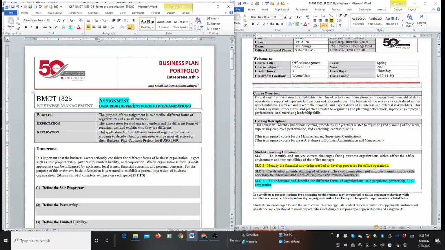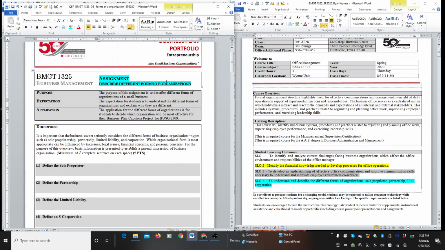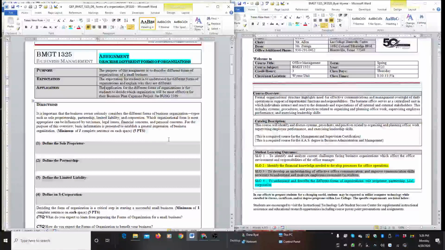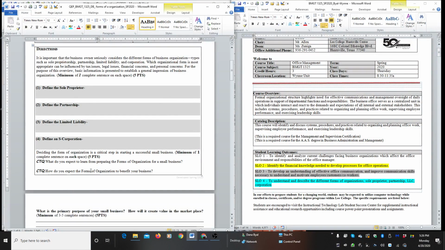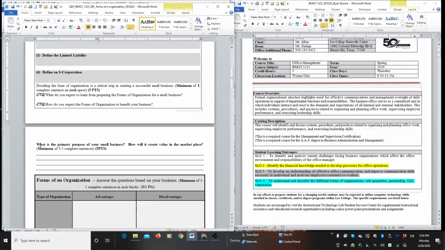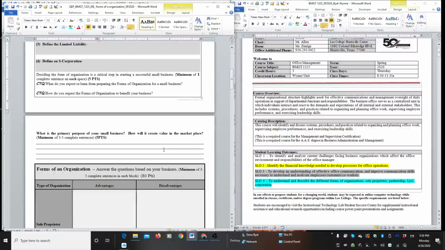Okay, so here is my signature assignment for describe different forms of the organization. So there's several parts to this. Okay, so we have our definitions, we have our critical thinking questions, primary purpose of the small business, how to create value in the marketplace.